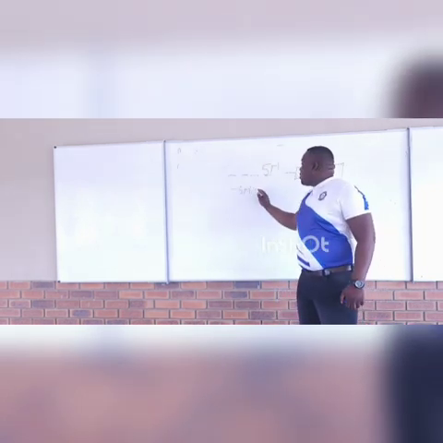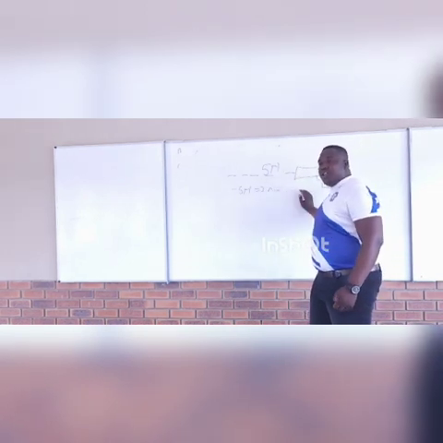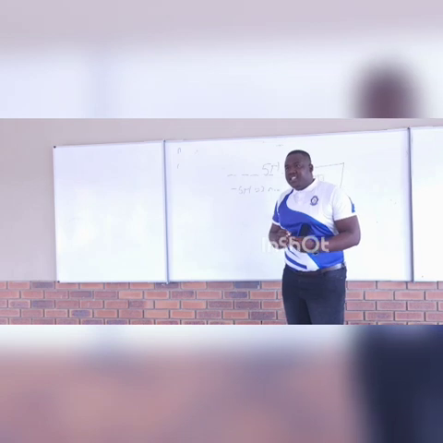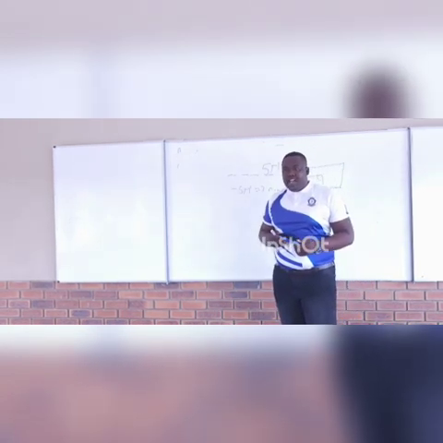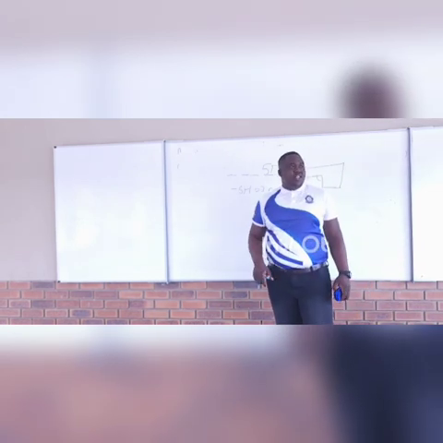The reason is Newton's third law, which states that if body A exerts a force on body B, body B will exert the same force on body A, but in the opposite direction.